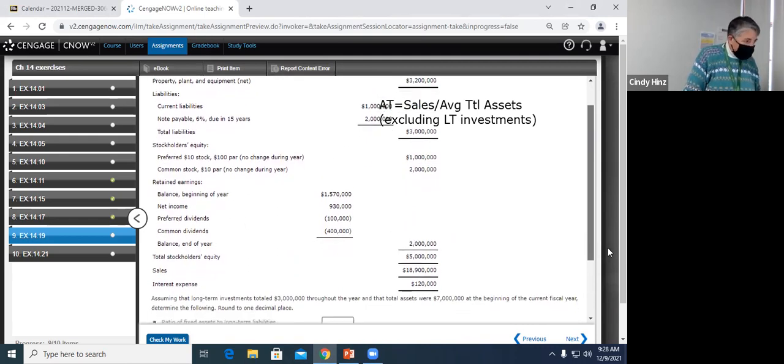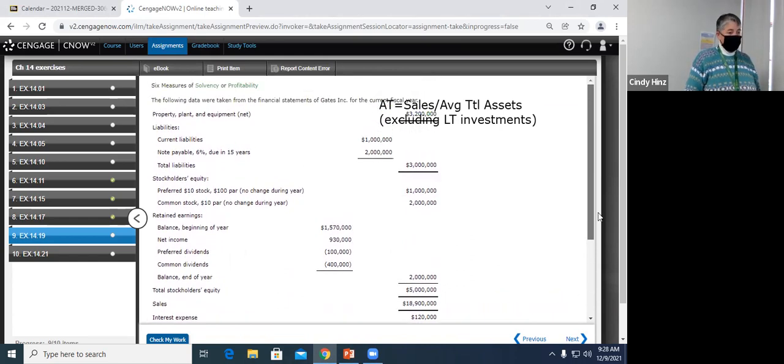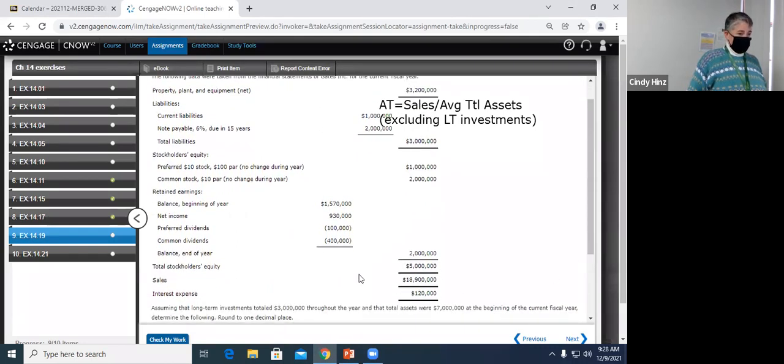Might have to figure out our total assets. Okay, we can do that. I don't see where we're given that figure, so let's find our average total assets. Let me remind you of the fundamental accounting equation, assets equals liabilities plus equity.